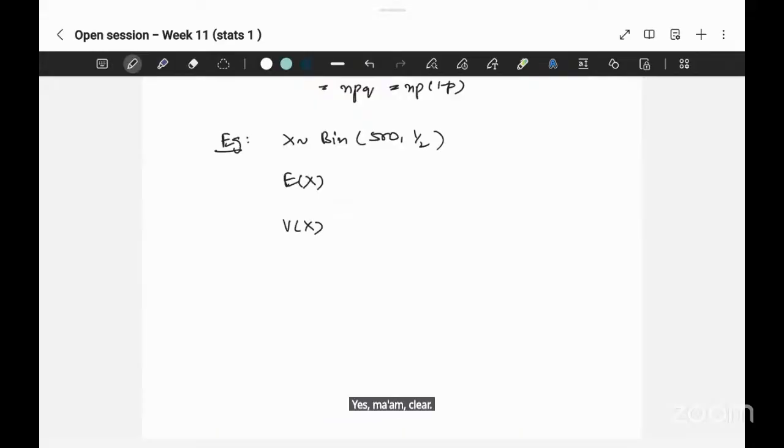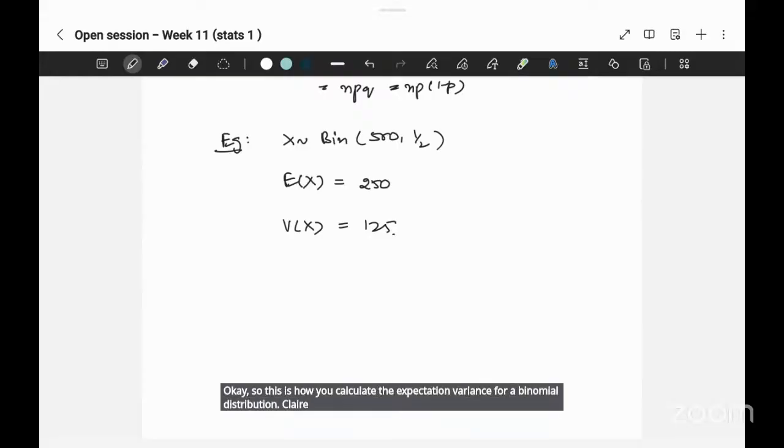Expectation will be the multiplication of both, 500 into half, so it will be 250. And the variance of x will be 250 times 0.5, so it will be 125. Okay, so this is how you calculate the expectation and variance for a binomial distribution.